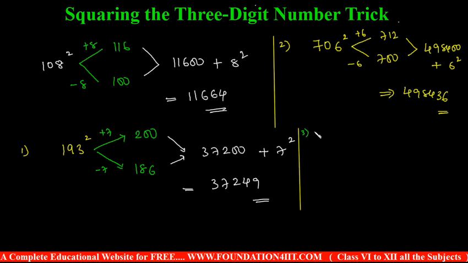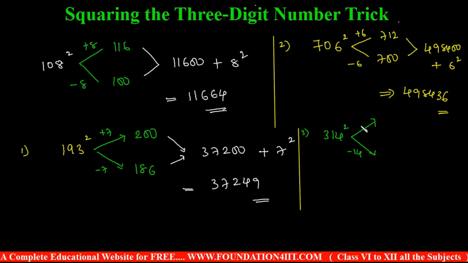If it is 314 squared, this is near 300, so plus or minus 14 we should go. If it is near 310, it means plus or minus 6. But multiplication with 300 is easy, so I am going directly to 300.